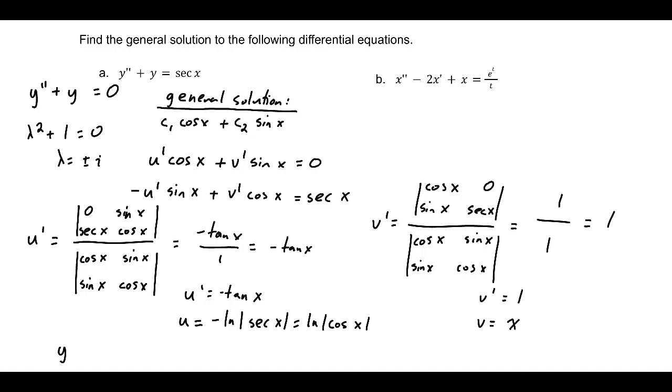So y of x equals c sub 1 times cosine x plus c sub 2 times sine x plus natural log absolute value cosine x times cosine x plus x times sine x.